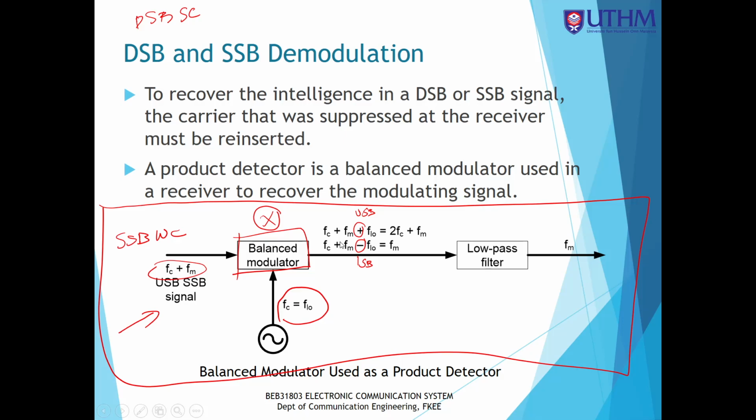When you add all of this, you get 2FC plus FM for the upper side frequency, and for the lower side frequency, you get FM. And then we need a filter to filter out the unwanted frequencies. So we use a low pass filter to remove the upper side frequency and take the modulating signal frequency FM. Therefore we get output FM over here.